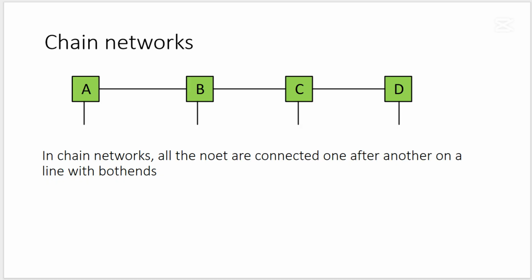Point-to-point topology connects two SDH devices directly through a single transmission path, typically using optical fiber. Chain networks are used when the network nodes are arranged in a long line.